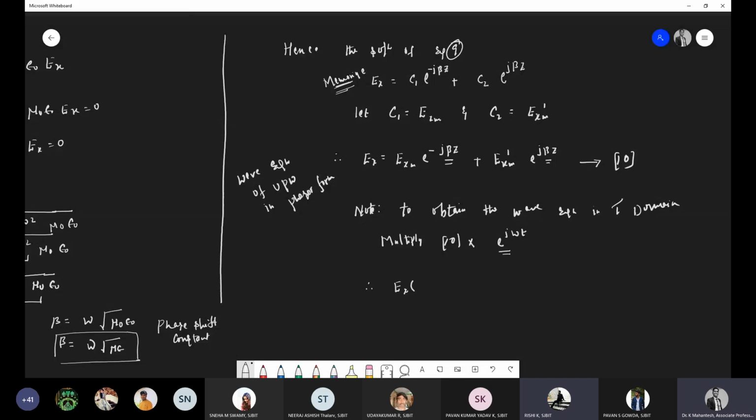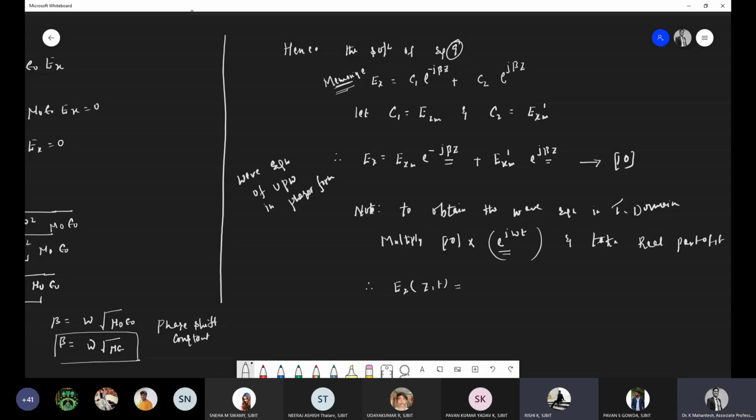Now Ex will be in terms of time domain. Now Ex is a function of z and t, which is equal to, and consider only the real part here, multiply with e power j omega t and take the real part of it. This is very important. So in order to obtain the wave equation in time domain, you have to multiply it by e power j omega t and take only the real part.